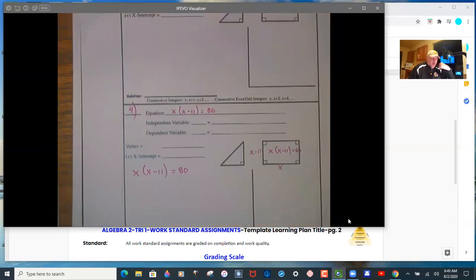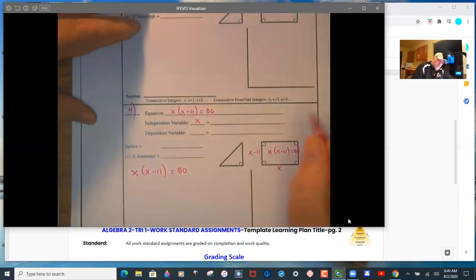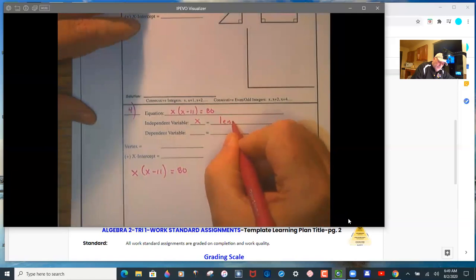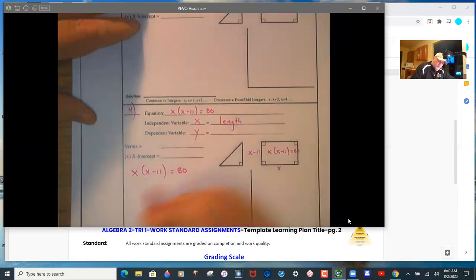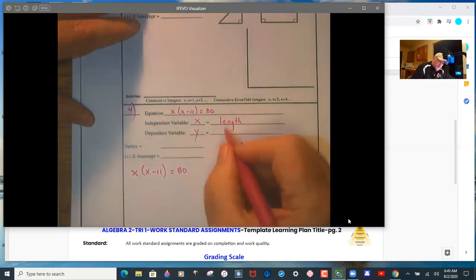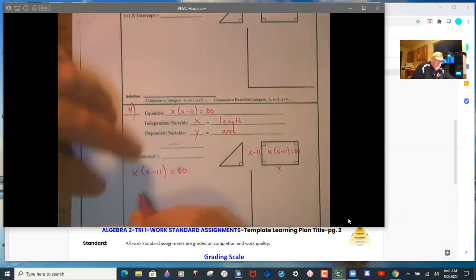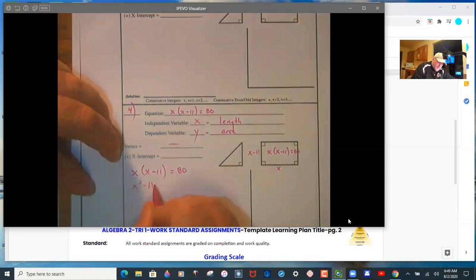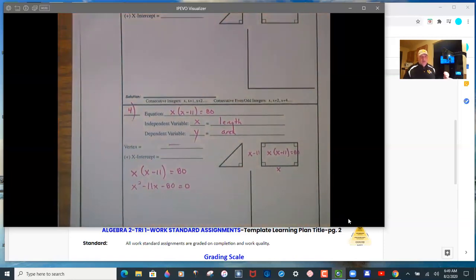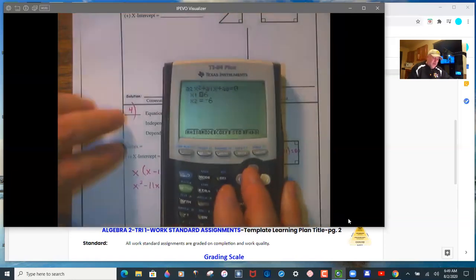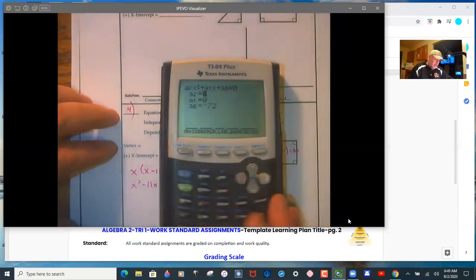What this involves is simplifying that quadratic. The y is the area again. The vertex we don't need to get. You need to just take everything to one side and solve it. You're going to get a negative value and a positive value, and you're going to throw away the negative value.